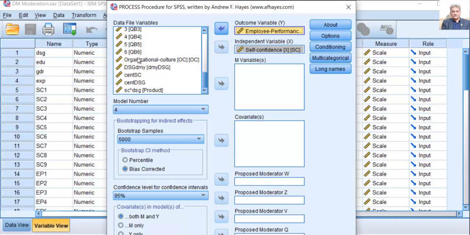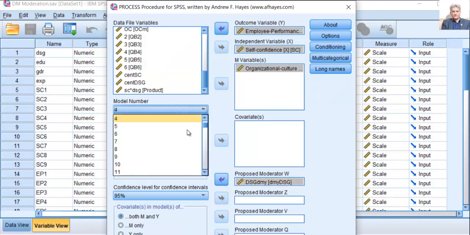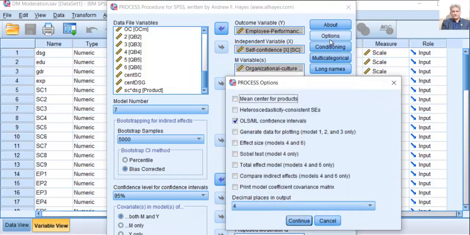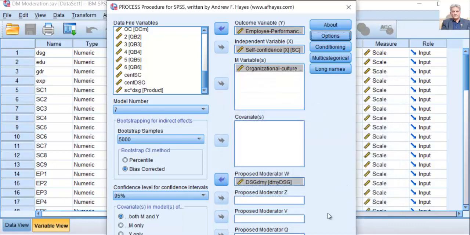Organizational culture will take the place of the mediator, while designation will go to the moderator column. Further, we have to change the model to 7. We will also request the effect size, Sobel test, and total effect models.